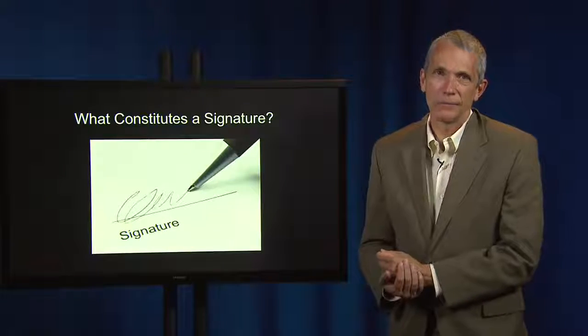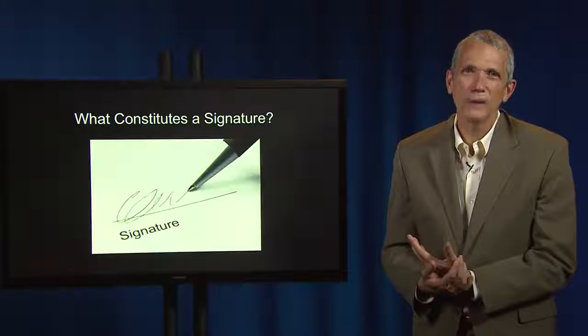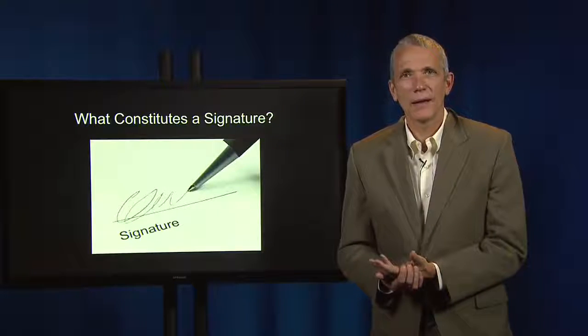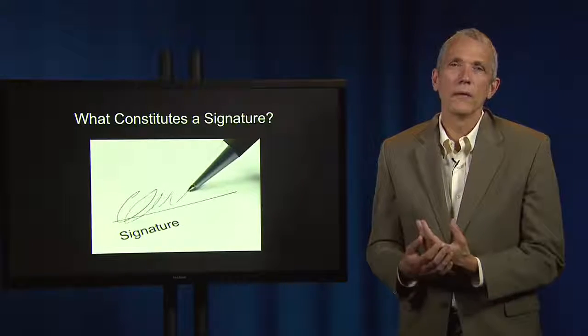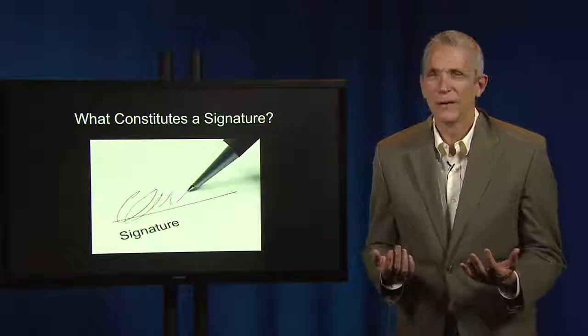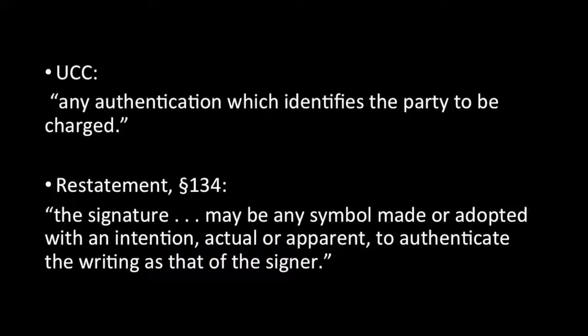Complying with the Statute of Frauds requires not only that contracts be in writing, but also that they be signed. Think for a moment of the kinds of contracts you have entered when you shop online, for instance. Did you sign those agreements? The official comment to UCC 2-201 says that the word "signed" includes any authentication which identifies the party to be charged.